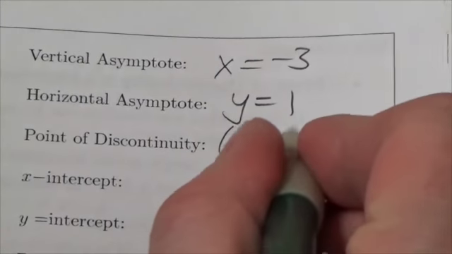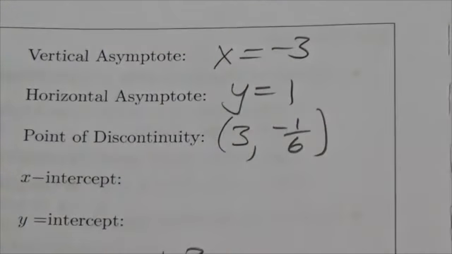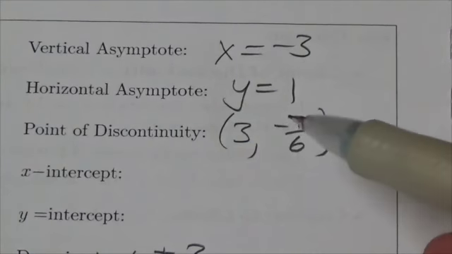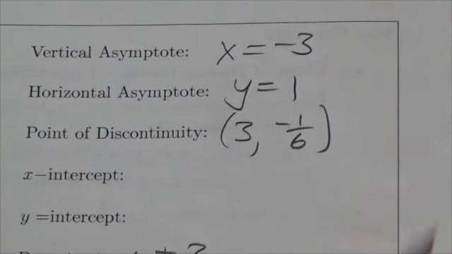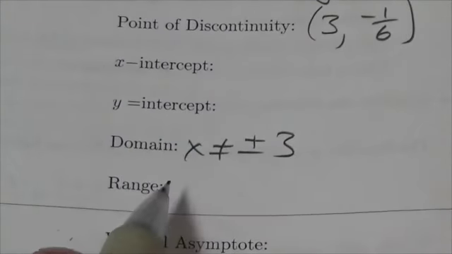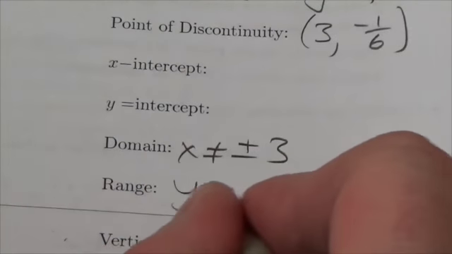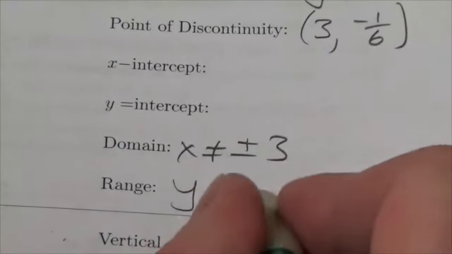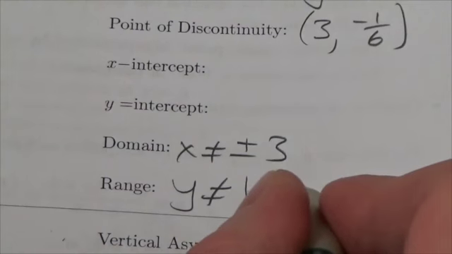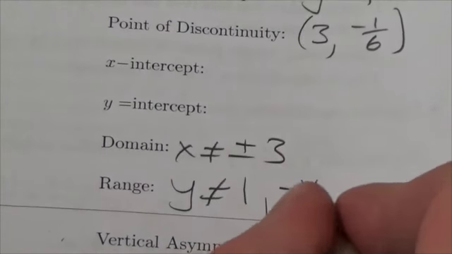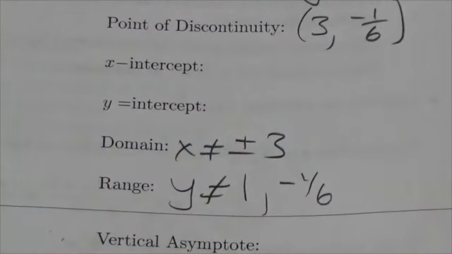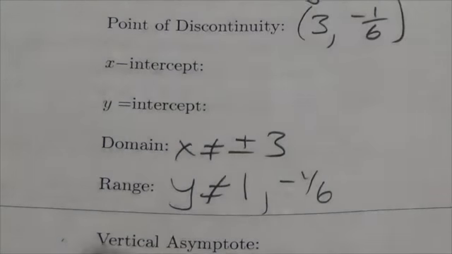So the y-coordinate here is going to be negative 1/6. Now we've got enough information to comment on the range. We know what our horizontal asymptote is, so we can't let y equal 1, and we know that the y-coordinate of the point discontinuity is going to be negative 1/6. So these are two values that we can't allow our range to equal.